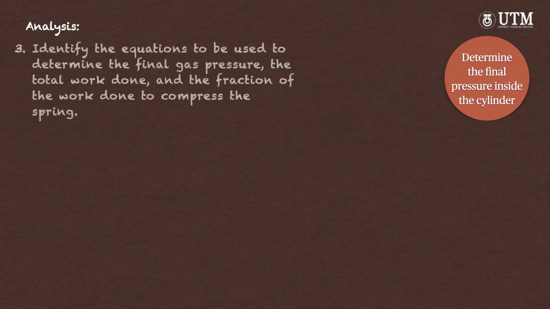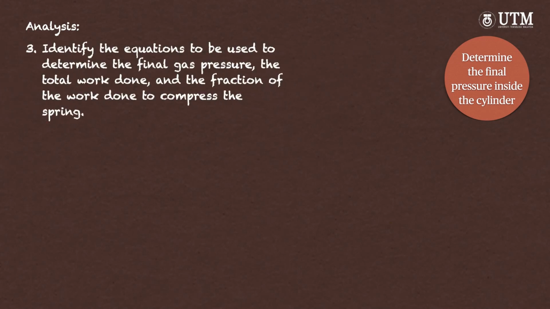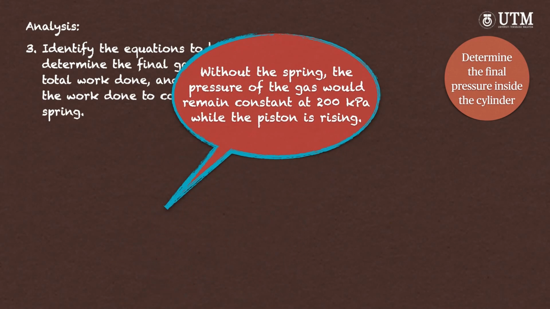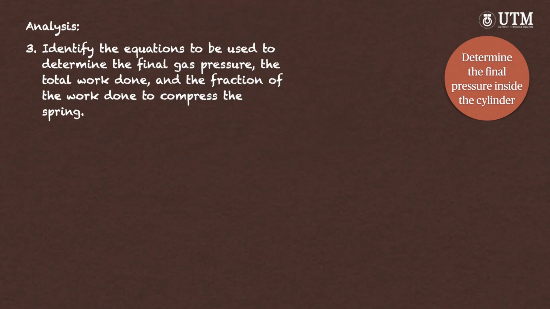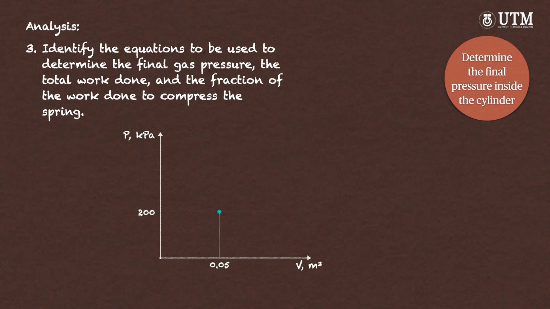Now, we go back to the problem described in example 4.4. The gas pressure at the final state is simply 320 kilopascals. Without the spring, the gas pressure would remain constant at 200 kilopascals while the piston is rising. But under the effect of the spring, the pressure rises linearly from 200 kilopascals to 320 kilopascals.